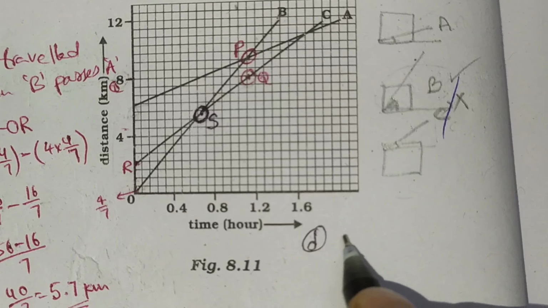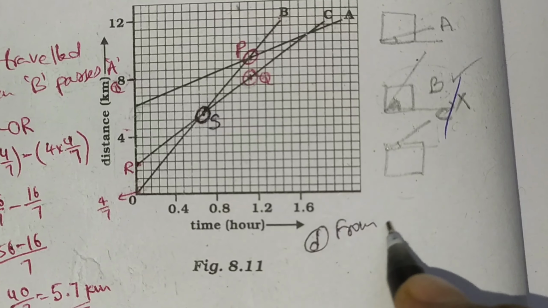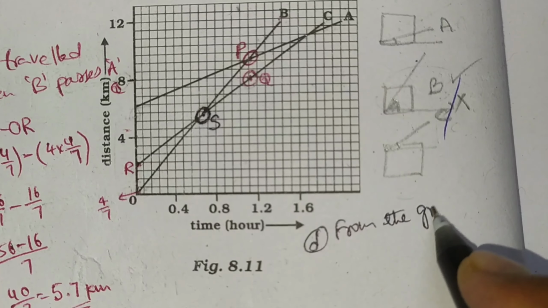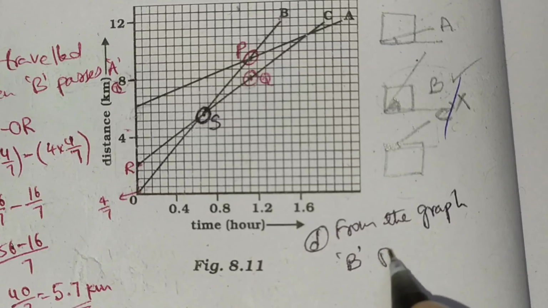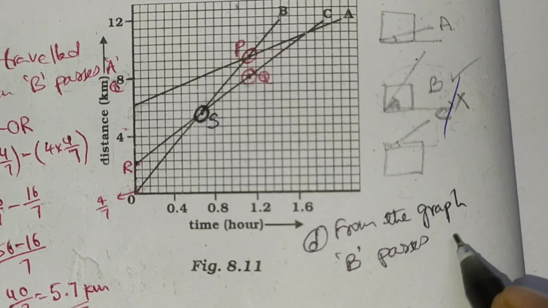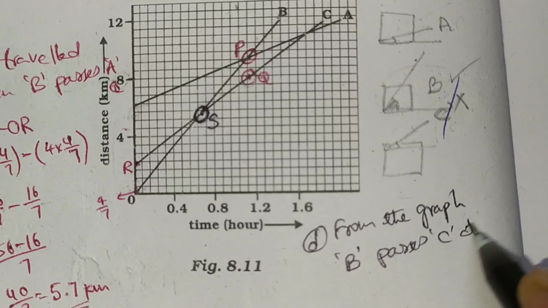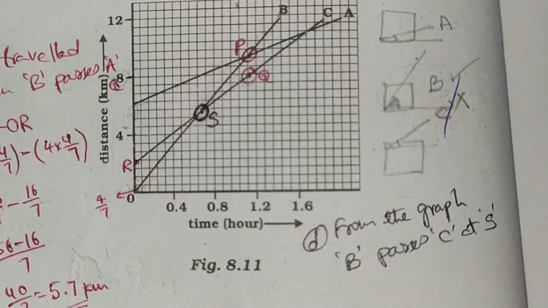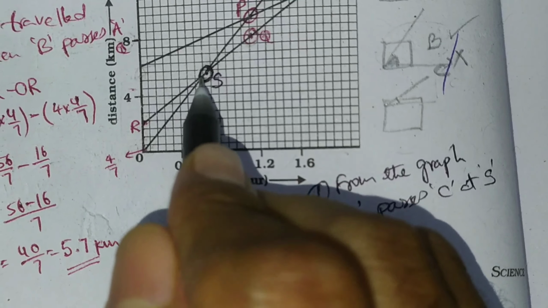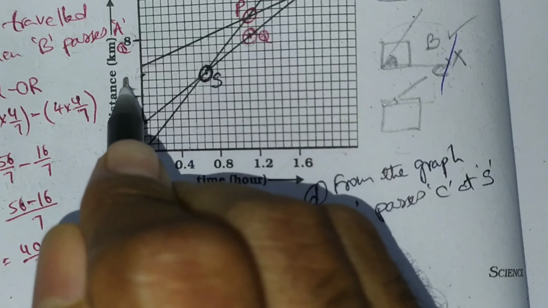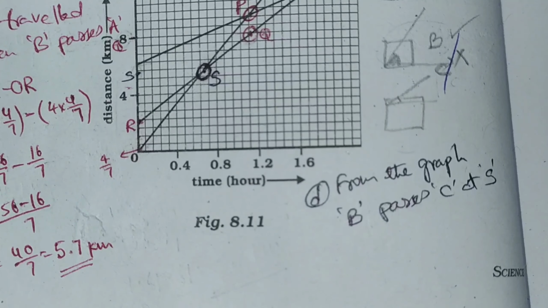So from the graph, B passes C at S, right.